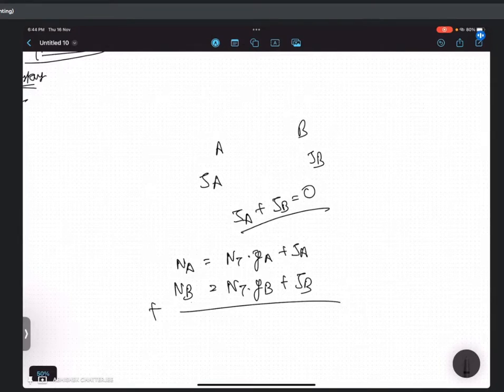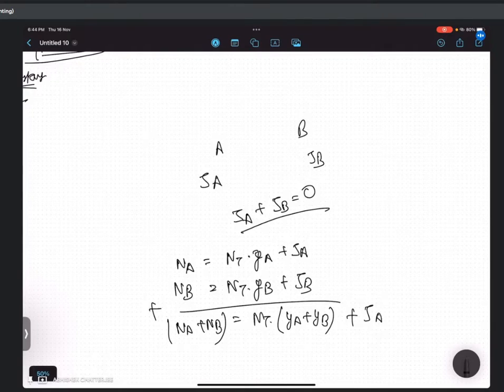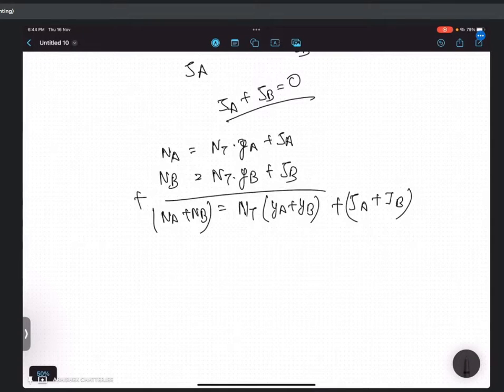Just add them. So your Na plus Nb will be equal to Nt into Ya plus Yb, plus Ja plus Jb. We have just added two equations. Now for diffusion of A through non-diffusing B, you know that your Nt is equal to Na plus Nb, and your Nb is equal to 0.